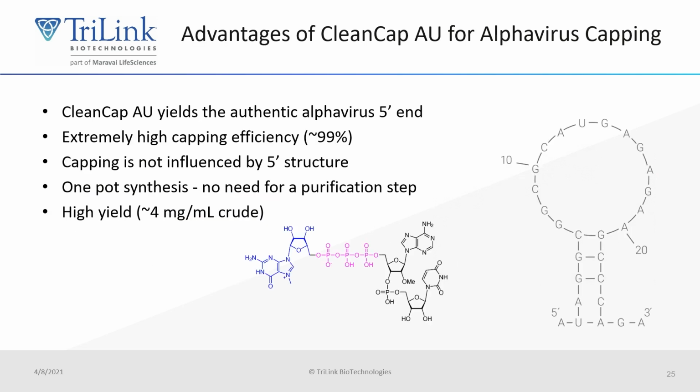And CleanCap AU really provides a desirable, authentic Cap1 structure, efficient capping, which isn't influenced by the 5' structure, since it's the first nucleotide incorporated into the RNA during the transcription reaction. And as well, high yielding transcriptions compared to legacy cap analogs. Furthermore, the one-pot synthesis eliminates extensive processing steps required after enzymatic capping, and that, of course, degrades the RNA. Finally, CleanCap AU allows for efficient scaling of the process to meet the demands of really any program.